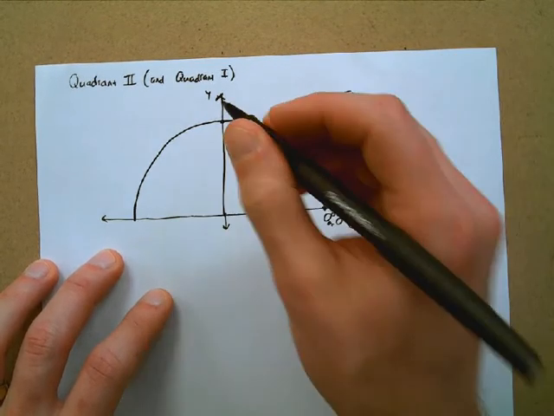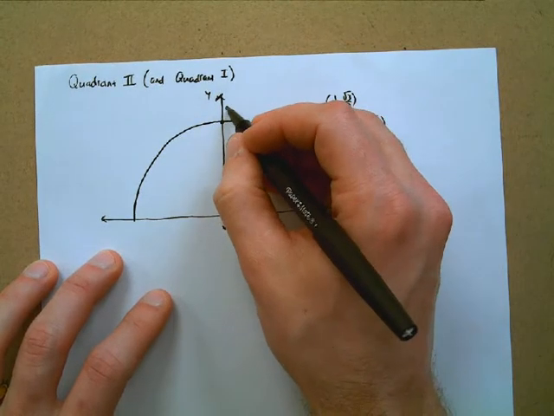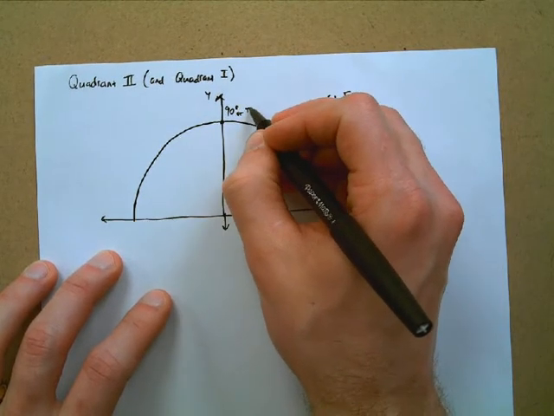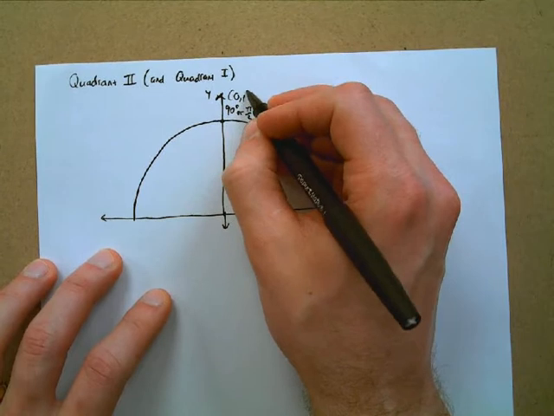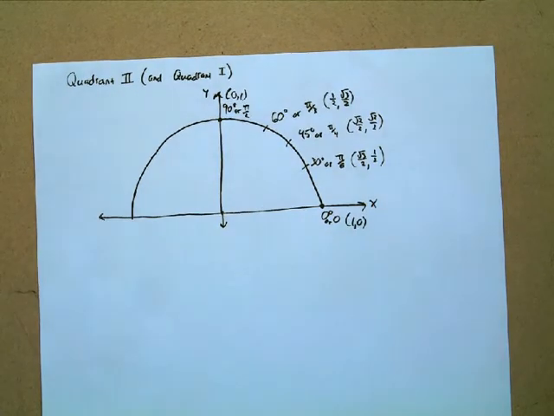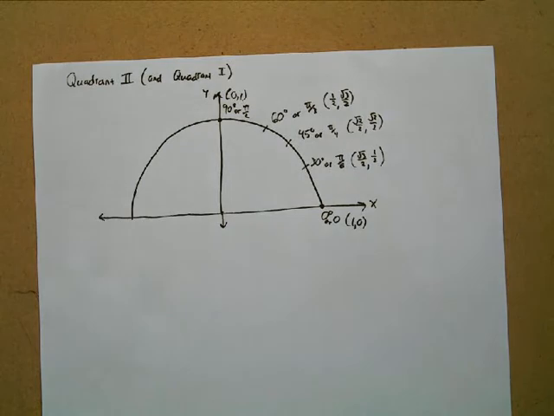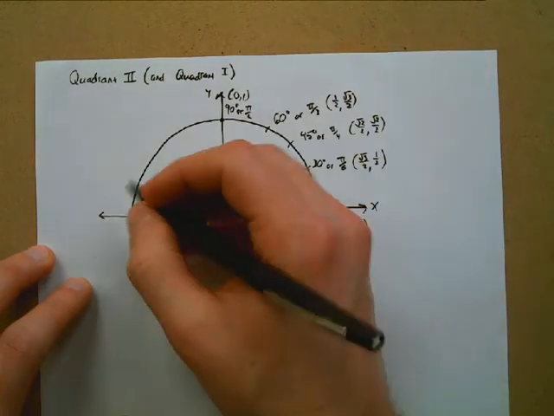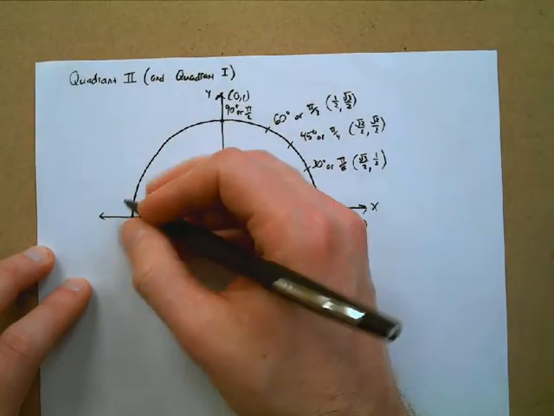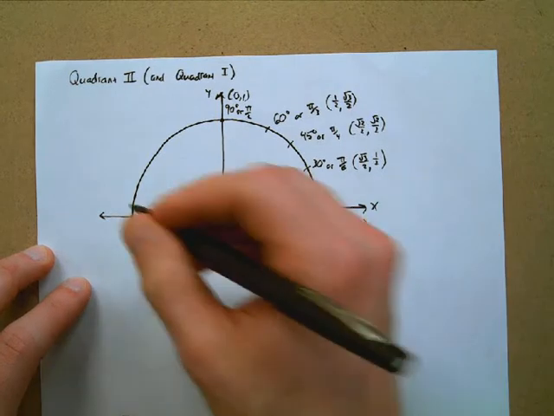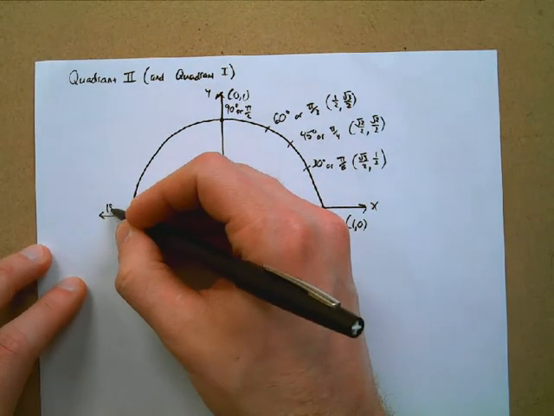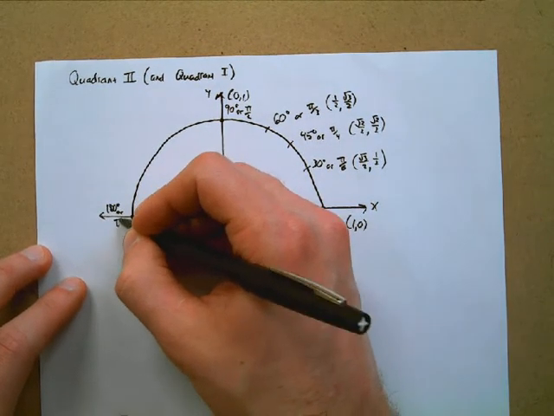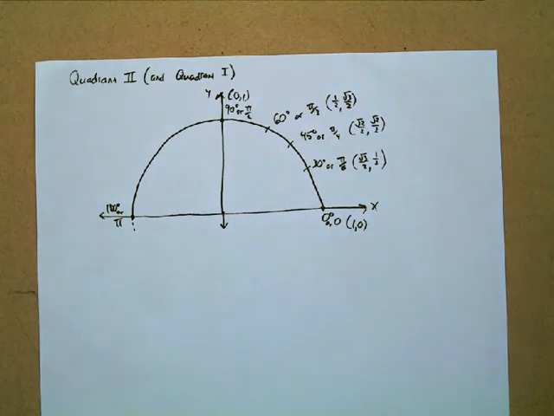For example, if we go back 30 degrees from 180, just like we went up 30 degrees from 0 degrees, we get to the next one, it's 150 degrees. So we go back pi over 6 from pi. If we take pi over 6 away from pi, we're now at 5 pi over 6. Pi is the same thing as 6 pi over 6. Taking away pi over 6, we're at 5 pi over 6.